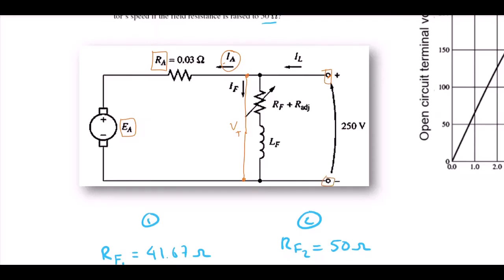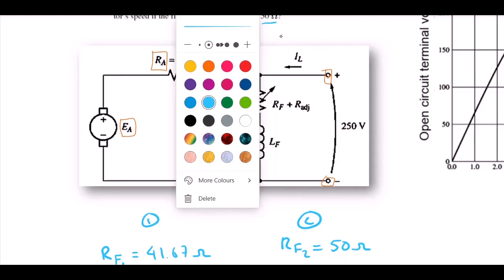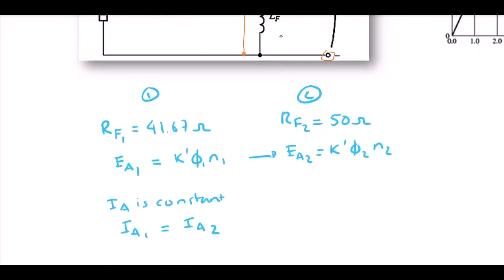So from there we can write down, by using KVL, VT is equal to EA plus IA RA.